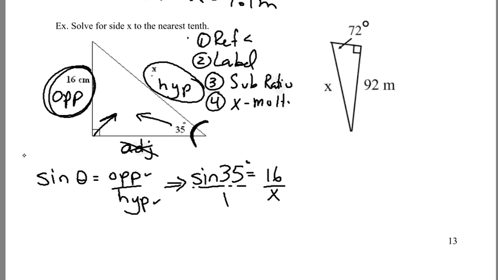Have to be careful. This time our cross multiplying is a little different. This time we're going to go 1 times 16 and divide that by the sine 35 degrees to get x. Little bit different cross multiplying, but still a cross multiplying process.